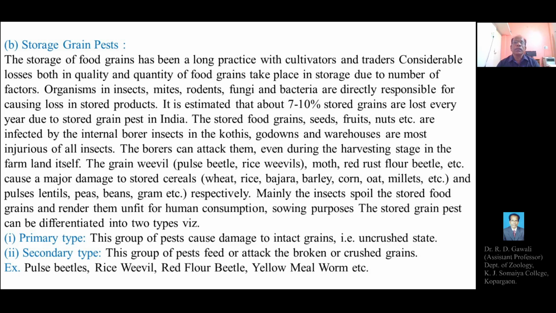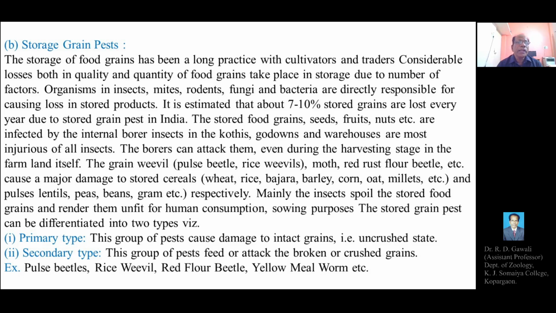And these grain weevils such as pulse beetle, rice weevil, floor beetle, then moth, red rust floor beetle, etc. cause major damage to the stored grains or the cereals, like wheat, rice, bajra, barley, corn, oat, millets, etc. So these are the different type of food grains which are infested by the stored grain pests, like different type of weevils or the beetles or moths, and damaged or destroyed in the storehouses or in the storage.